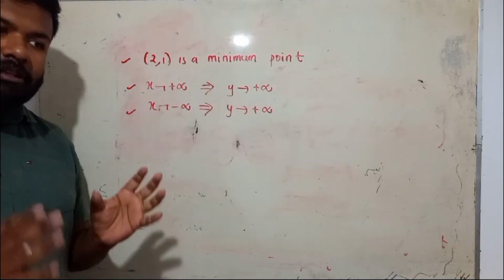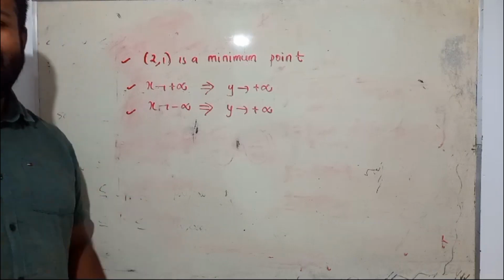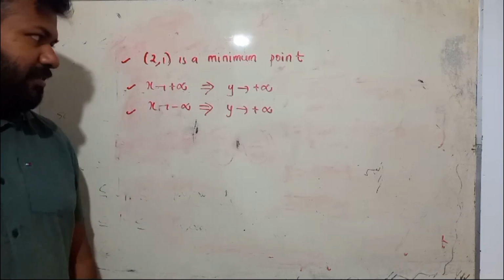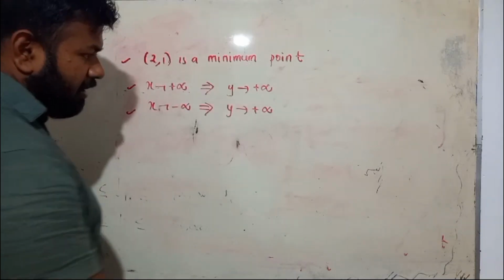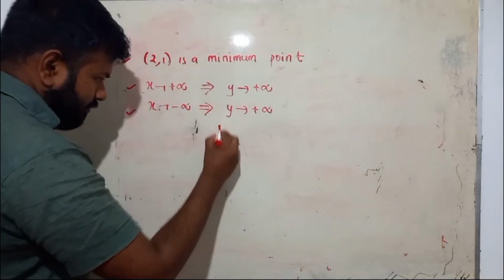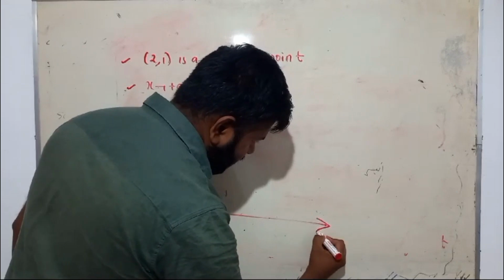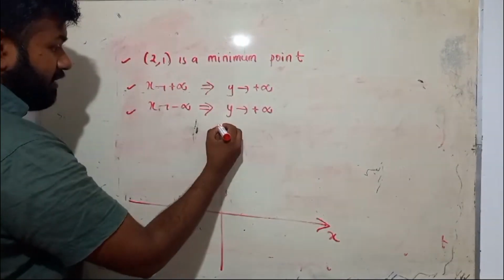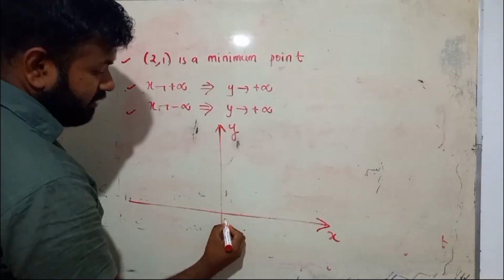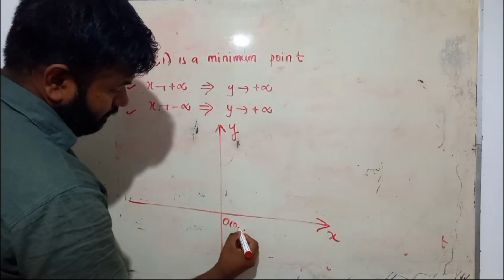Now you have to compile all this information and draw the graph. So we're going to draw the graph now. This is the x-axis and this is the y-axis. This is the origin, (0, 0).